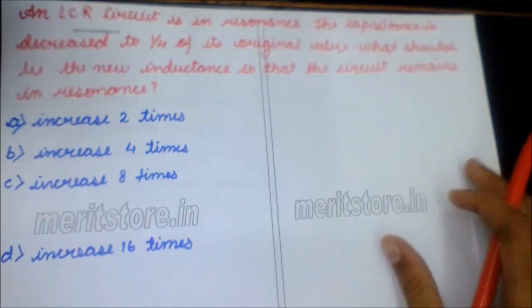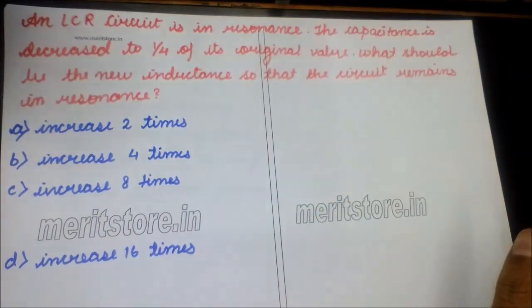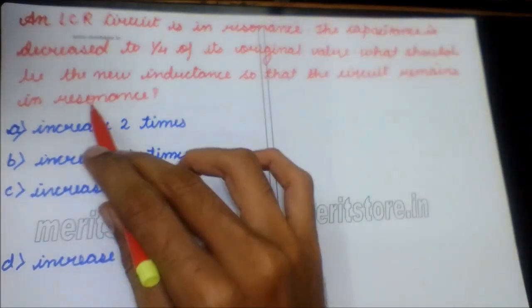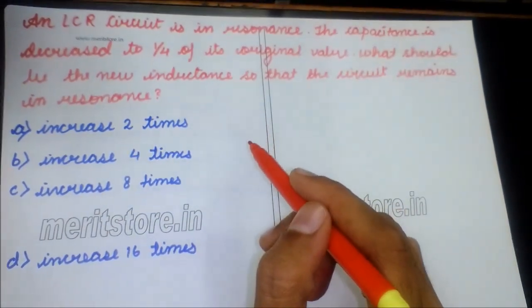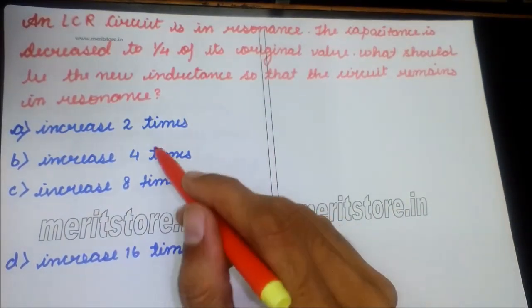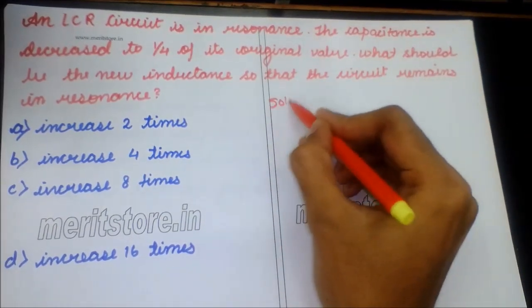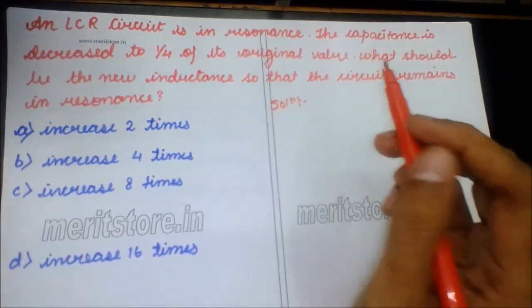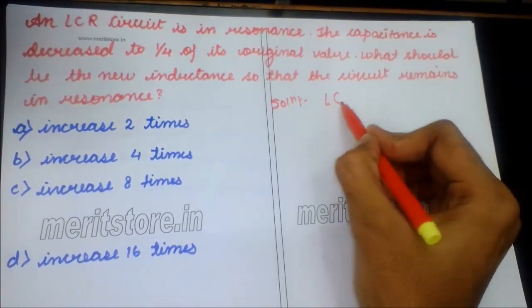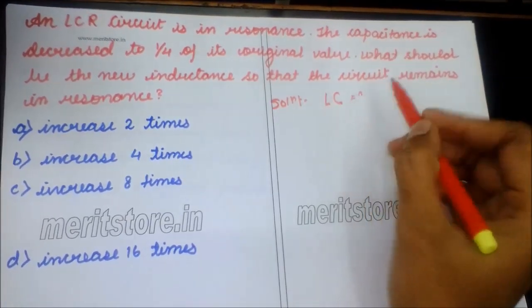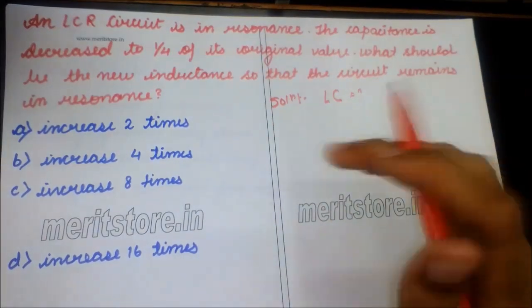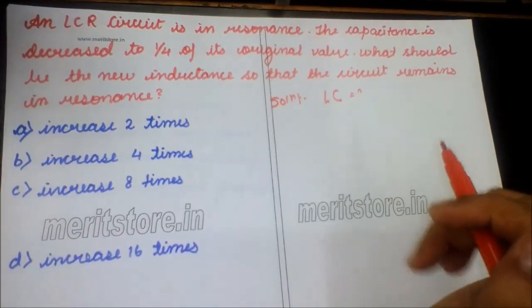In an LCR circuit in resonance, the capacitance decreases to 1 by 4 of its original value. What should be the new inductance so that the circuit remains in resonance? It should increase by 2 times, 4 times, 8 times or 16 times. If the LCR circuit is in resonance, the product of L and C is a constant.